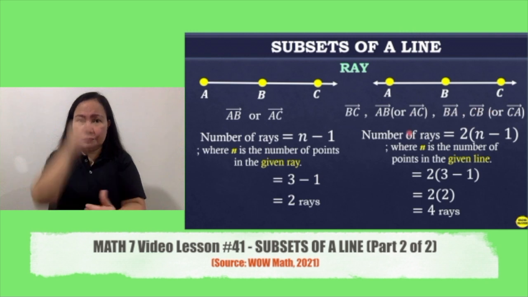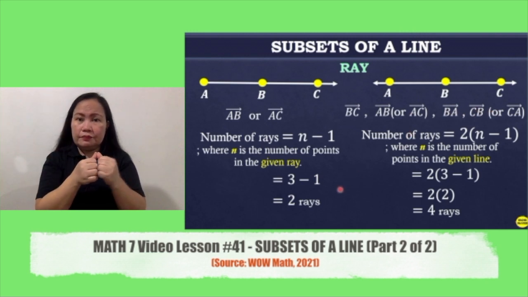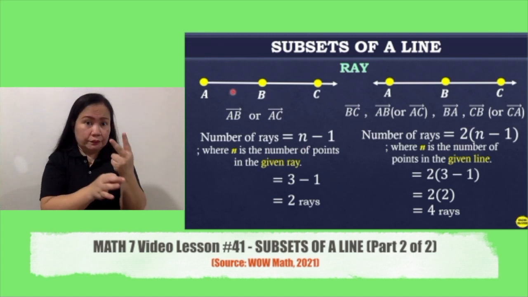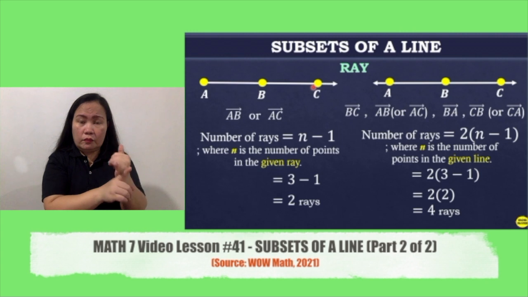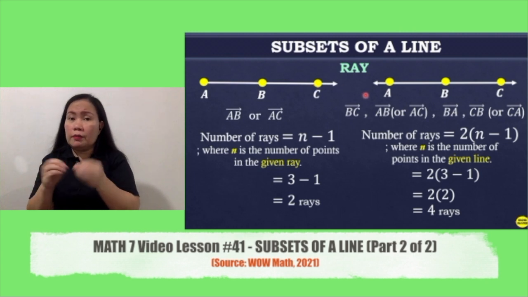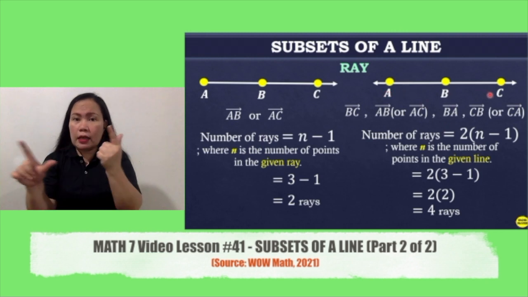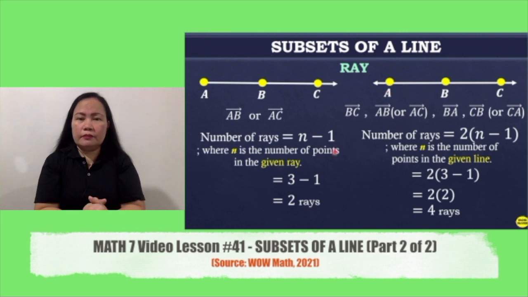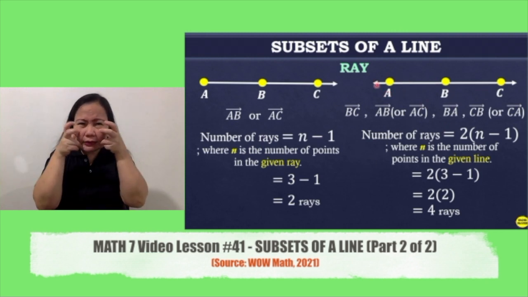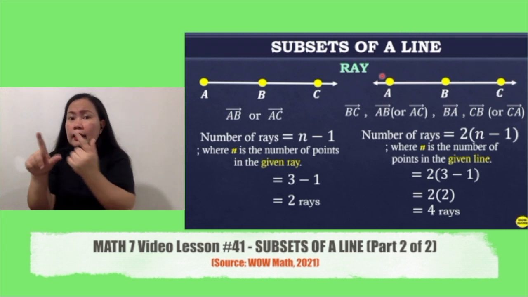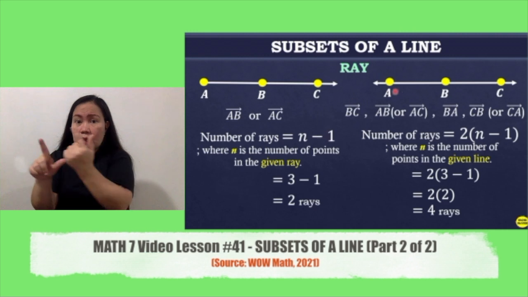Okay. So, tatandaan po na iba po ang pagkuha ng number of rays kapag ang figure mo ay ray, at iba rin po ang pagkuha ng number of rays kapag ang figure mo ay line. Okay, kasi mamaya gamitin nyo to pero ang figure nyo naka-line. Pinapahanap yung number of rays dito tapos ang ginamit mong formula ito. Ang figure mo line.